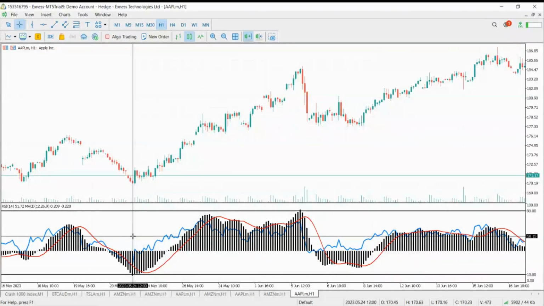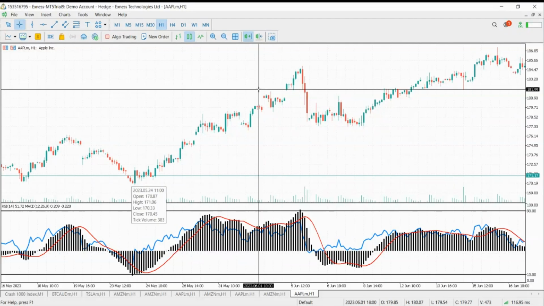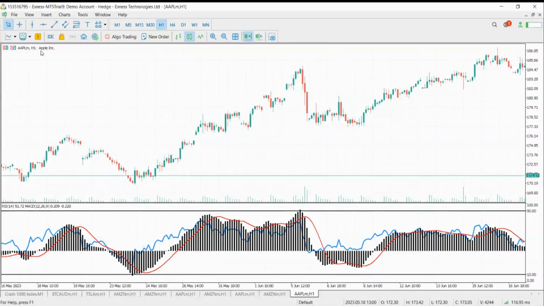Take a look at it, and if you trace it downwards to this point, you can see that this is the level of 10, right? This is the level of 10 right here where the market started to buy. All right, the price gets here on the MACD. Okay, take a look at it. When it touched the level of 10, the market started to buy and it bought up to that point, just as you can see right here.